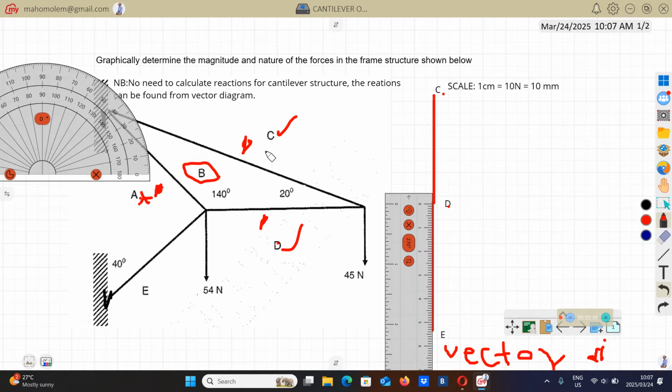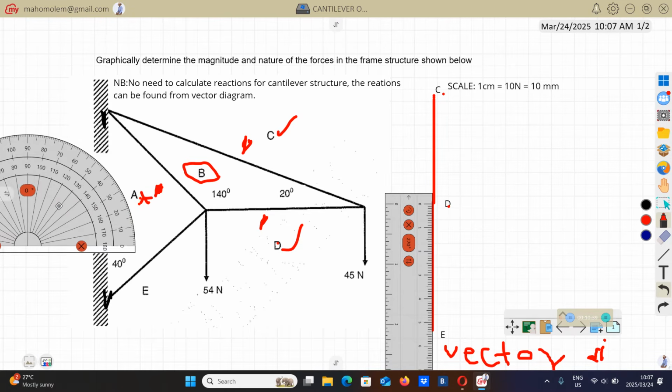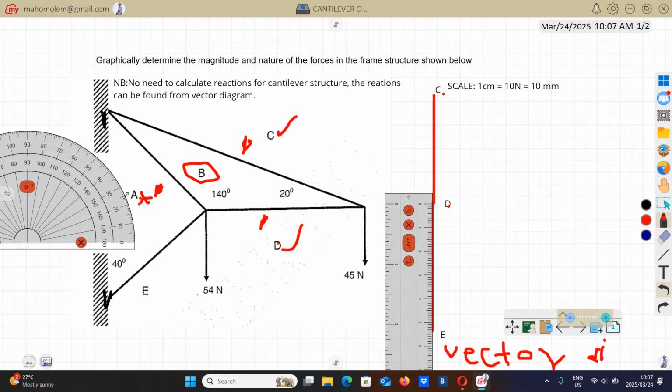Now, before this, let me find the angles. This angle is 140. This angle is 20. So this angle plus this angle plus this angle here must give us 180, because the sum of angles in a triangle must give us 180.